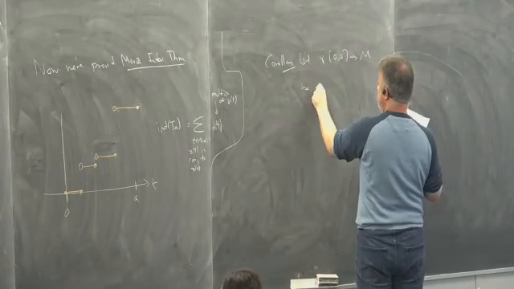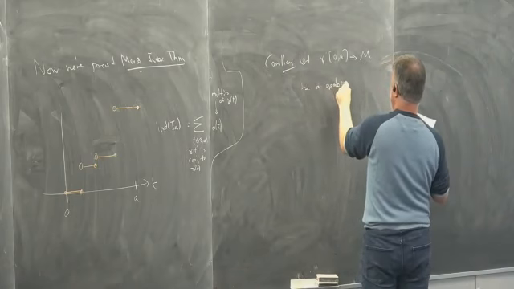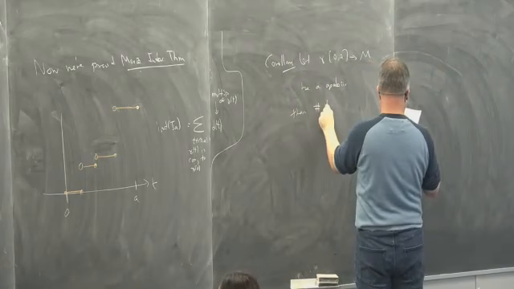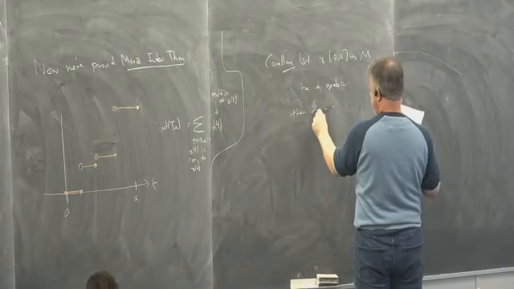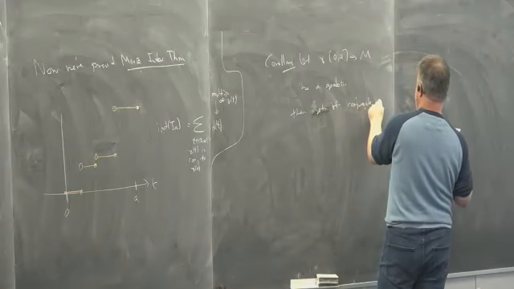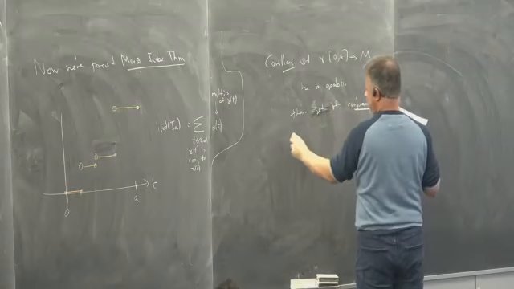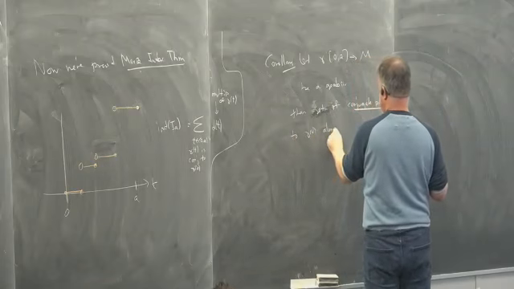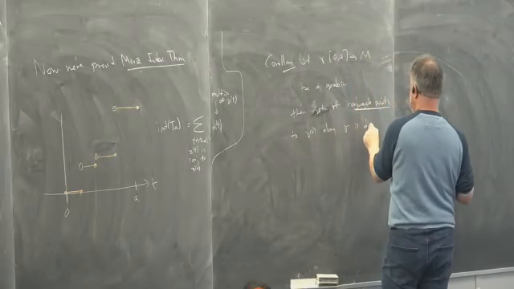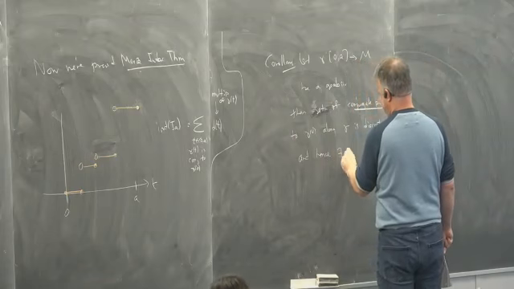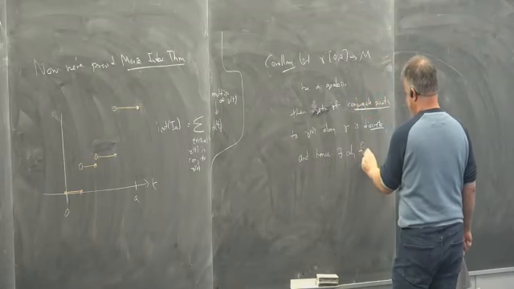Let gamma be a geodesic, then the set of conjugate points to gamma of 0 along gamma is discrete, and hence there exist only finitely many conjugate points.